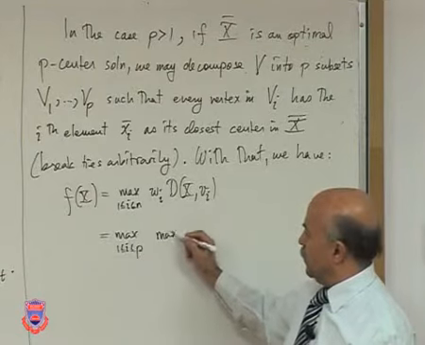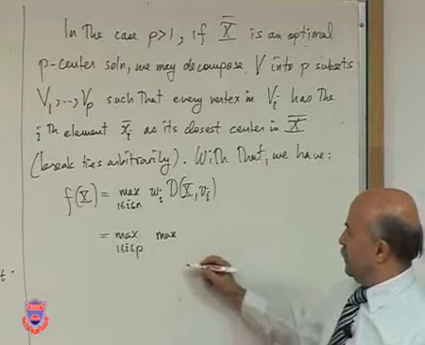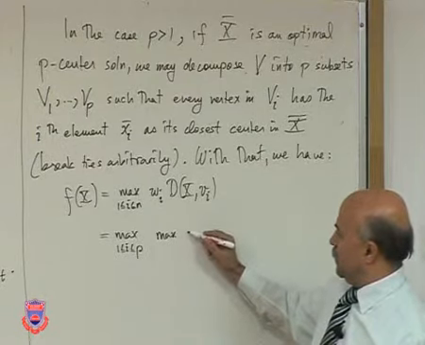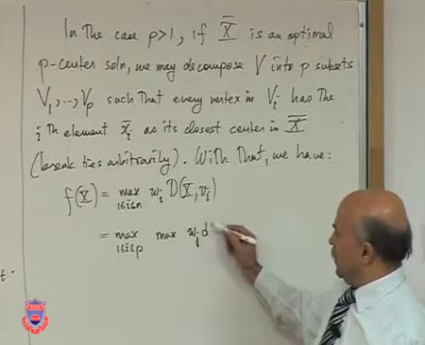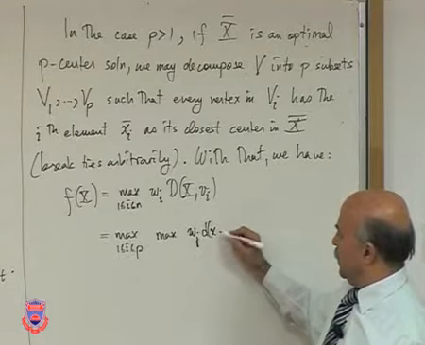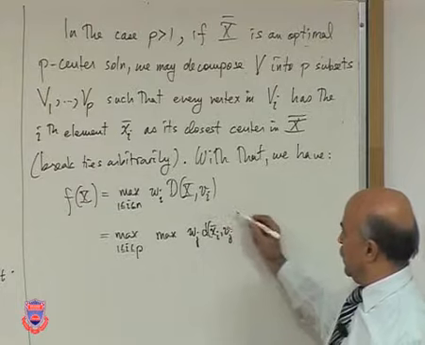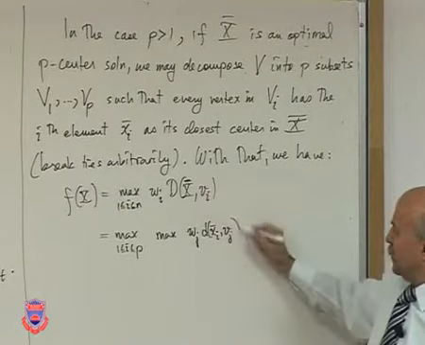And for each subset, you maximize wj d(xi bar, vj). There's a bar here. Don't forget that.